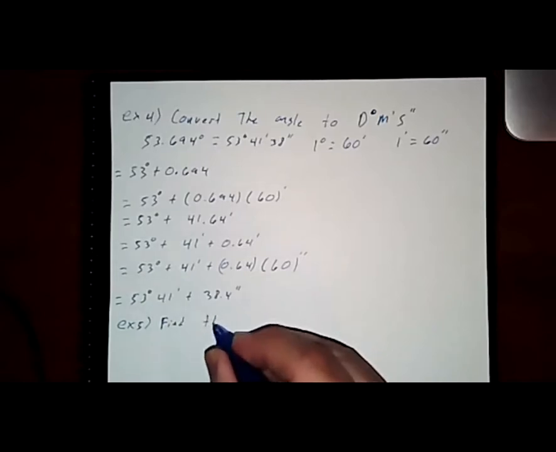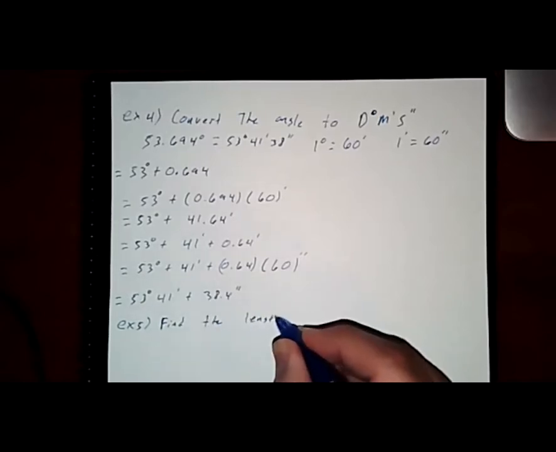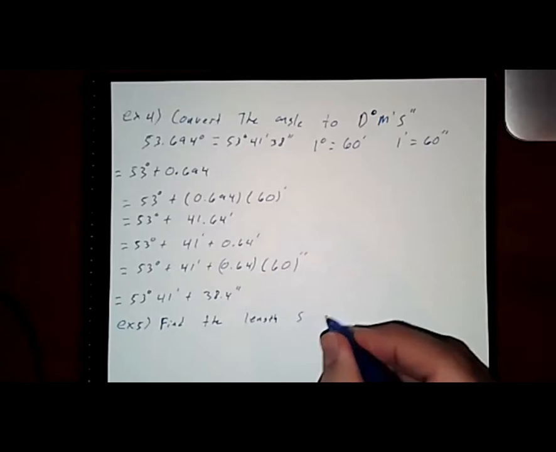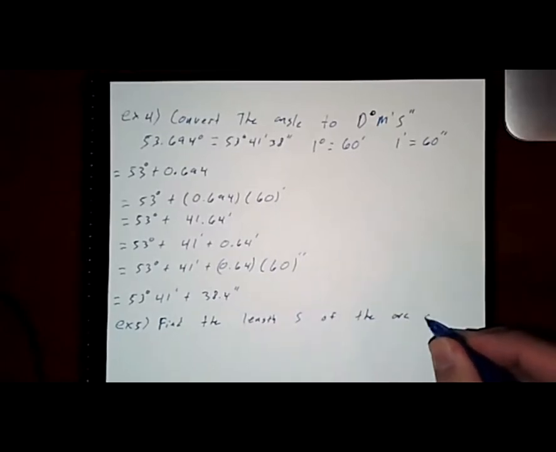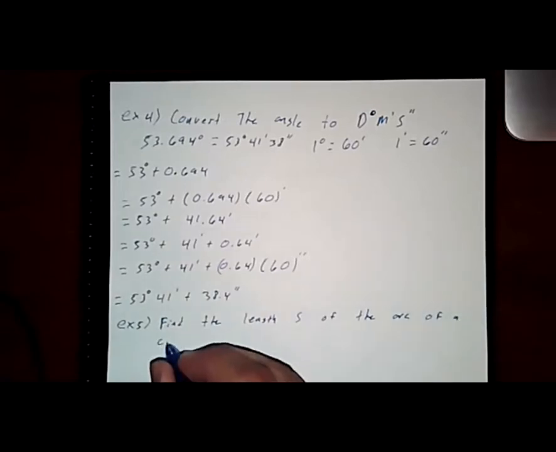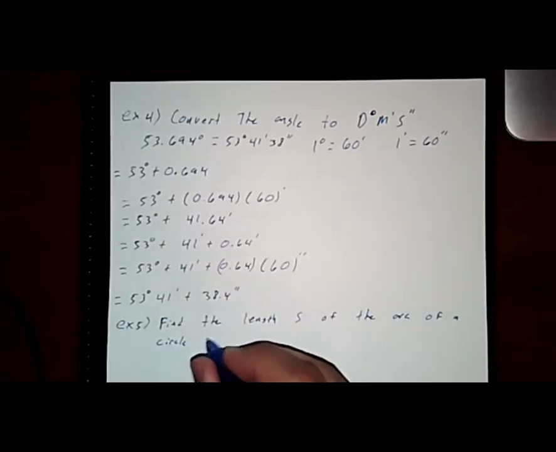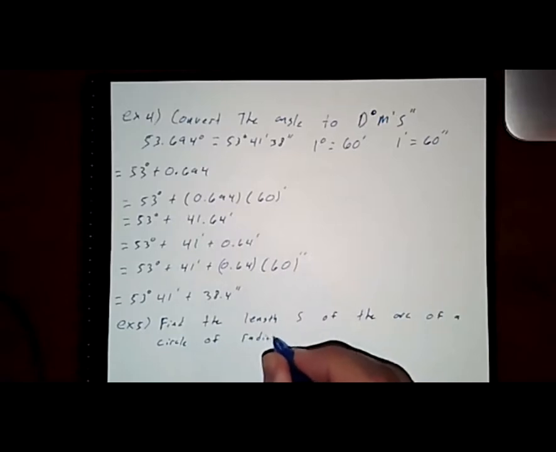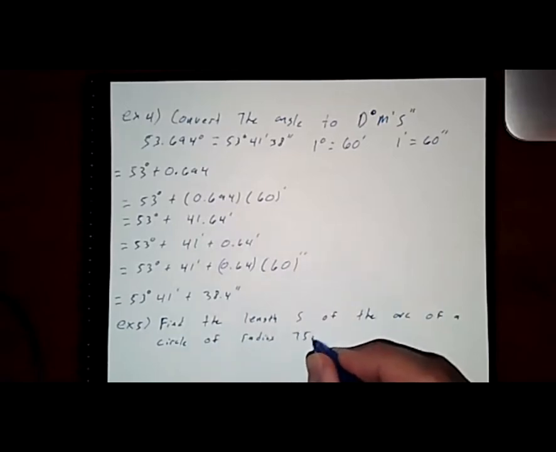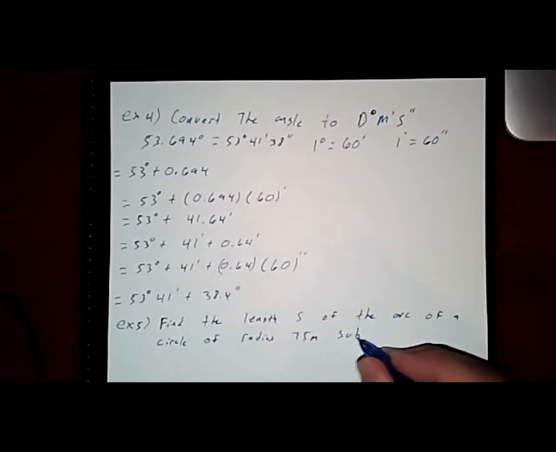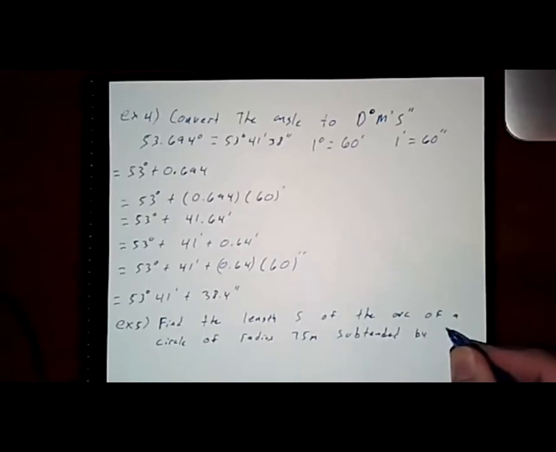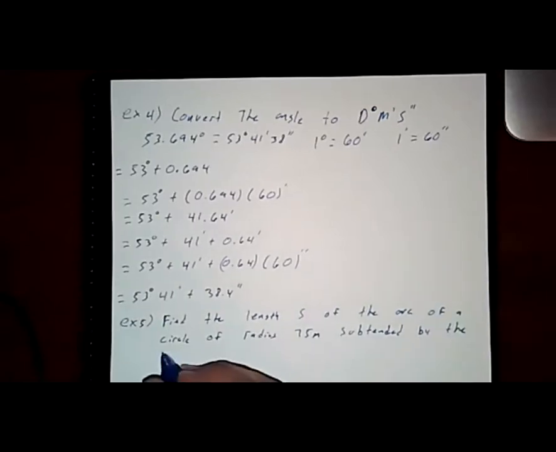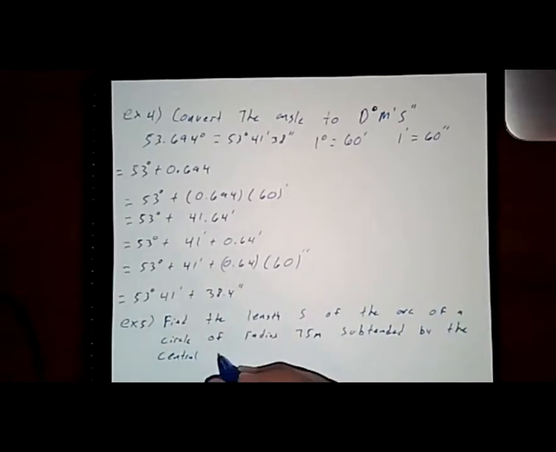Just find the length S of the arc of a circle of radius 75 meters subtended by the central angle 30 degrees.